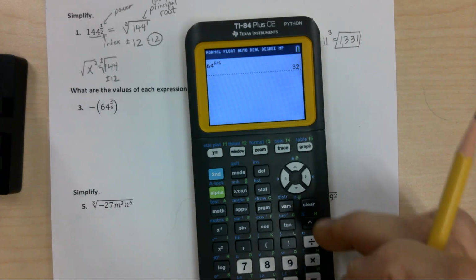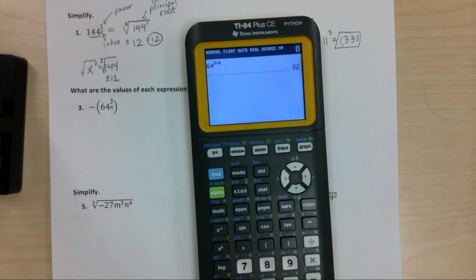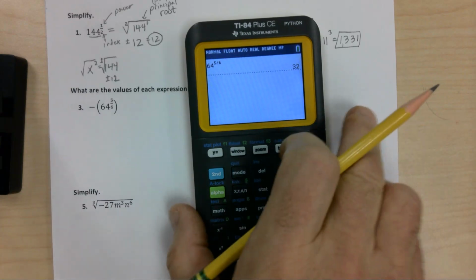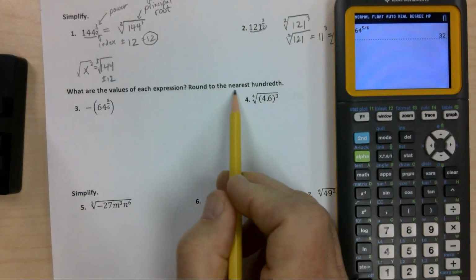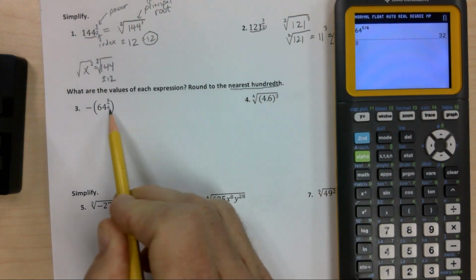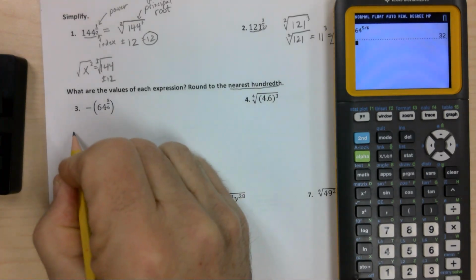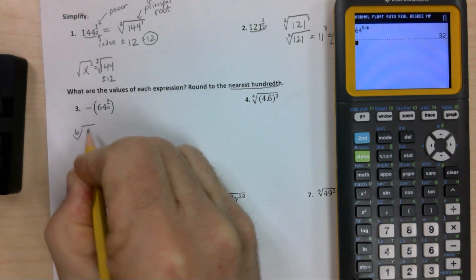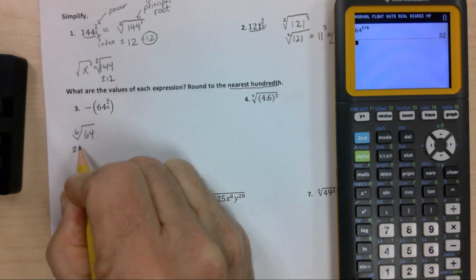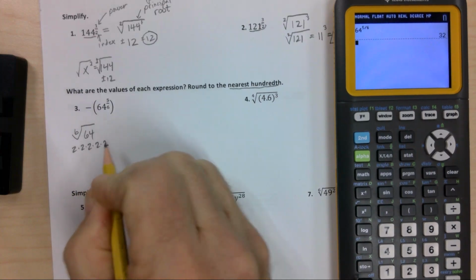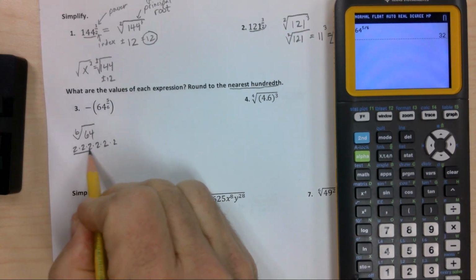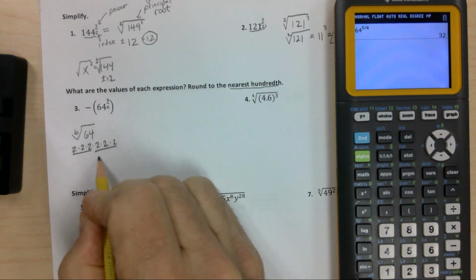Alright, just going to be honest with you guys. When this said round it to the nearest hundredth, and I just looked at it, I thought it was just going to be some wacky answer, but really the sixth root of 64, if you look at it, 2 times 2 times 2 times 2 times 2 times 2, that's 8 times 8 is 64.